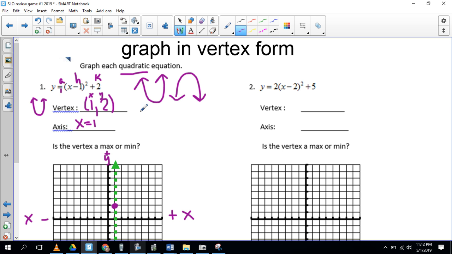So the next thing we want to do is we want to take our equation, x minus 1 squared, and we're going to plug in 0 for our x. And then that's going to get us a point on our graph. So we're going to plug this into our calculator.